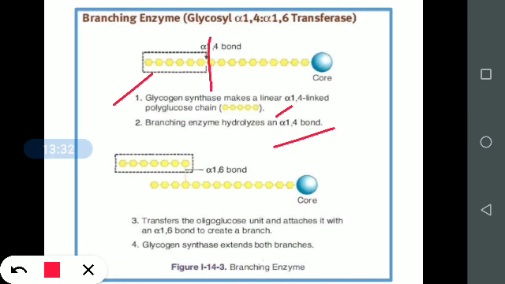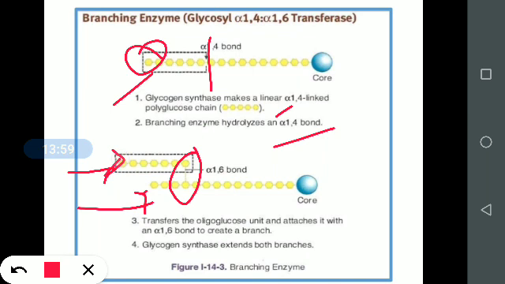After breaking that bond, the oligoglucose units are transferred and attached at the 1,6 position. Glycogen synthase extends both branches, and again it will supply the glucose molecules for elongation of the chain at this position and at this position.